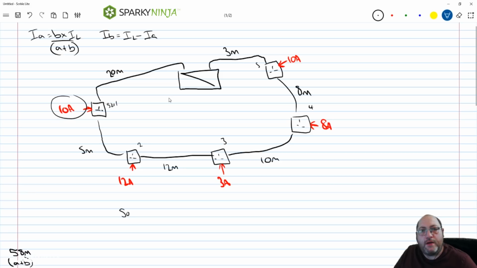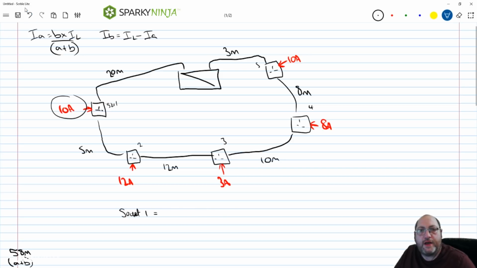So socket 1, IA equals B times IL. Well, we know B is now 58 meters times IL, which is 10 amp plugged into it, over A and B. Actually, B isn't 58 meters because B is 38 meters. Let me just do it again.